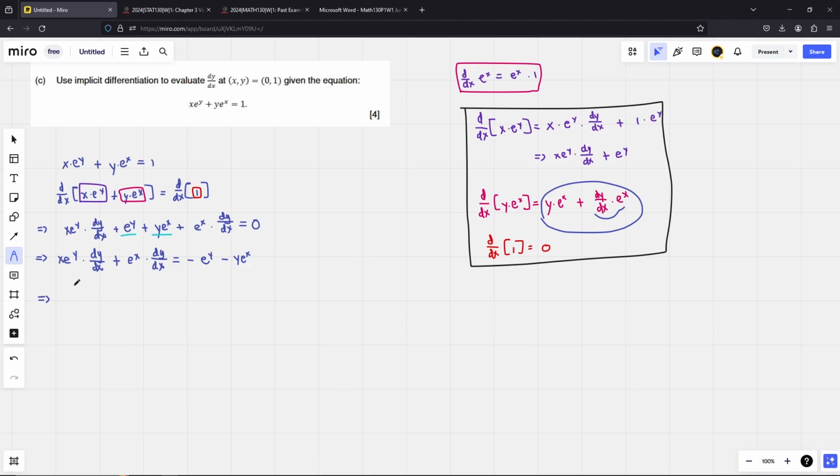So the next thing I'm going to do is factor out a dy by dx on the left hand side. So if I do that, this is x e to the y plus e to the x. And this is going to be equal to the same thing.